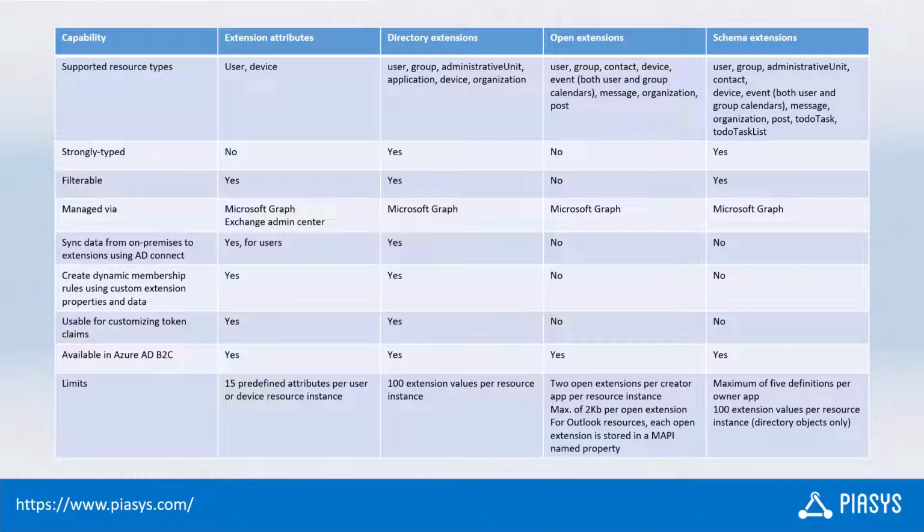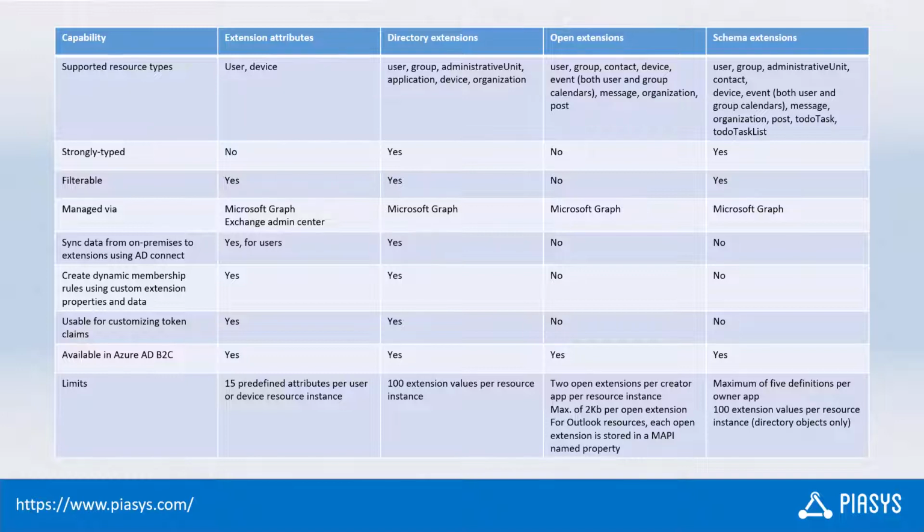And for the schema extensions, you have a maximum number of 5 definitions for every application, so it is a bit limited, but still you can do quite some stuff if you need to extend your entities with a fully typed model.